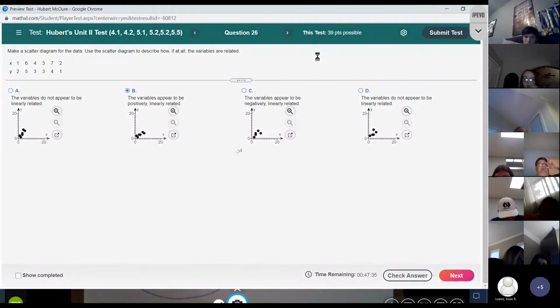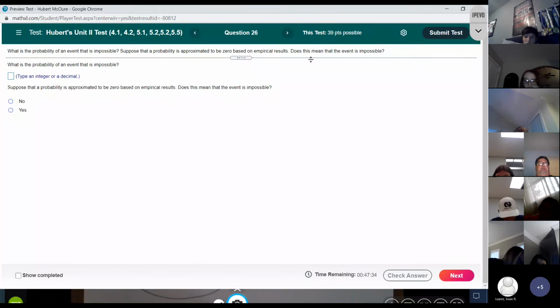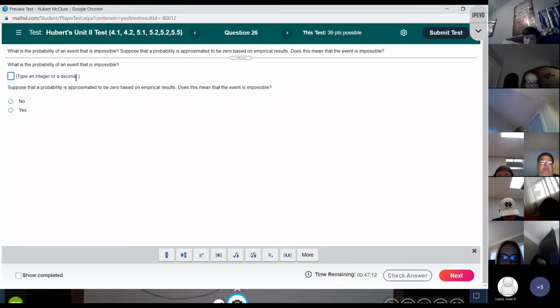Next. What is the probability of an event that is impossible? I don't like using that word. I like to use very unlikely. What is the probability of an event that's very unlikely? 0. If a probability of 0, does that mean it's impossible?